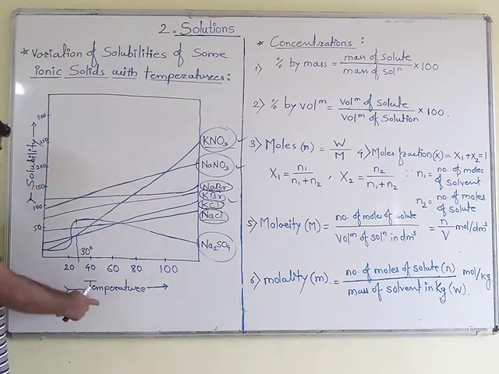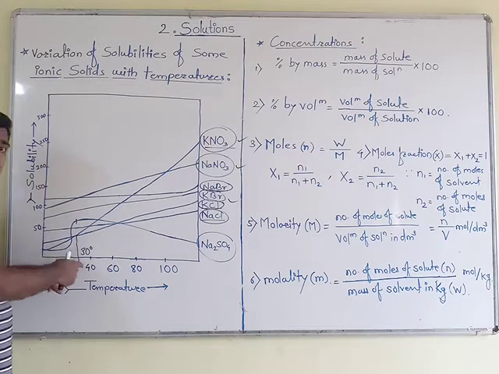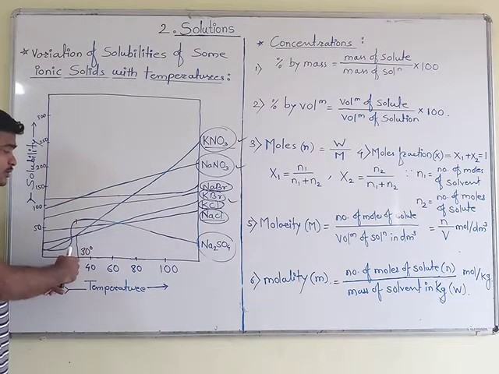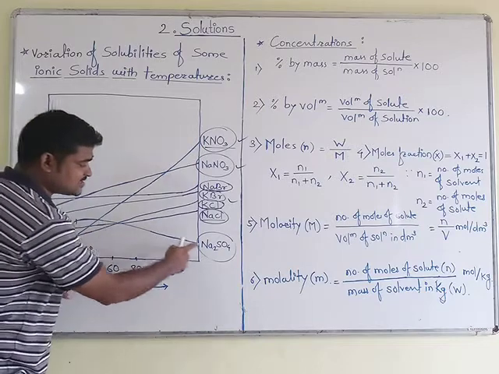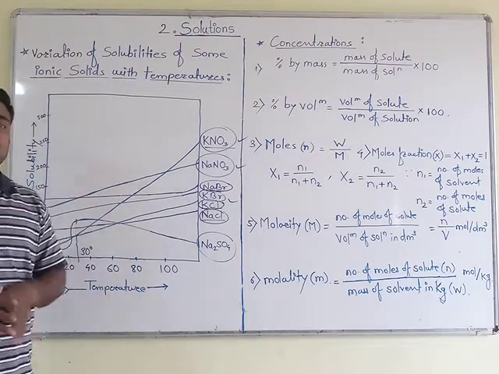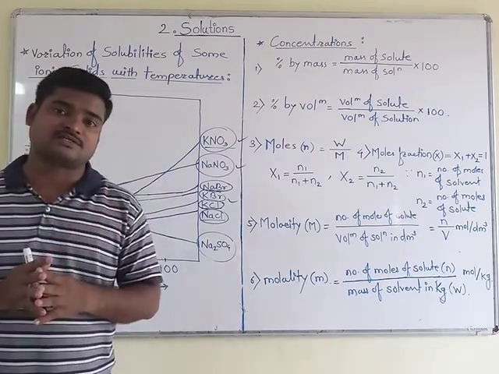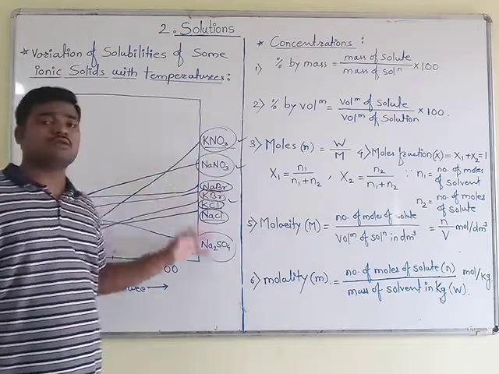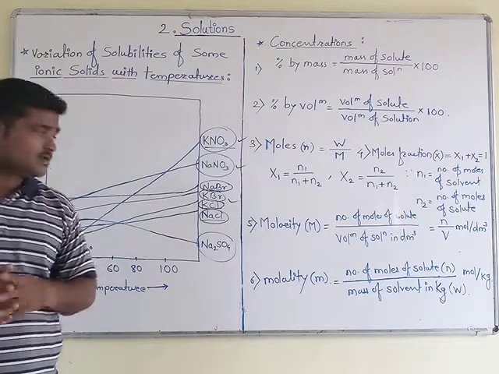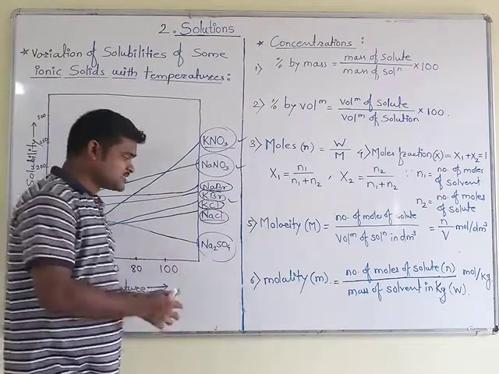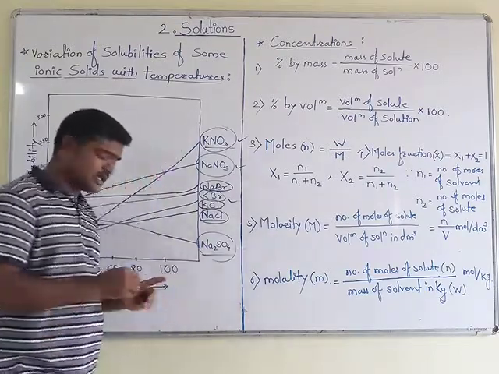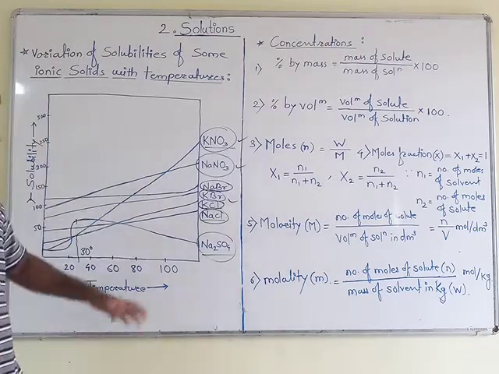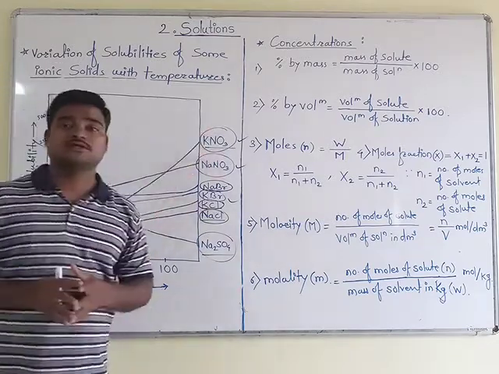With increasing temperature above 30 degrees Celsius, you will notice a decrease in the solubility of sodium sulfate. This is different from all of these ionic solids. This is one of the exceptional cases that we can point out in this graph, so its nature is different from all of these three solids.